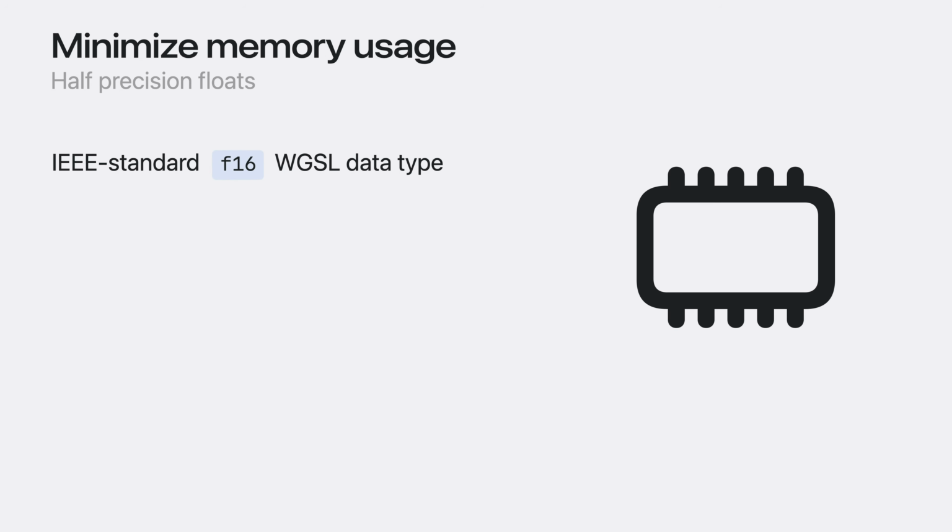There are a couple of ways to minimize memory use. First, you can use half-precision floats. They're an IEEE standard. In WGSL, the data type is called F16. They really help cut down on memory use and boost performance. That said, they're not always practical.